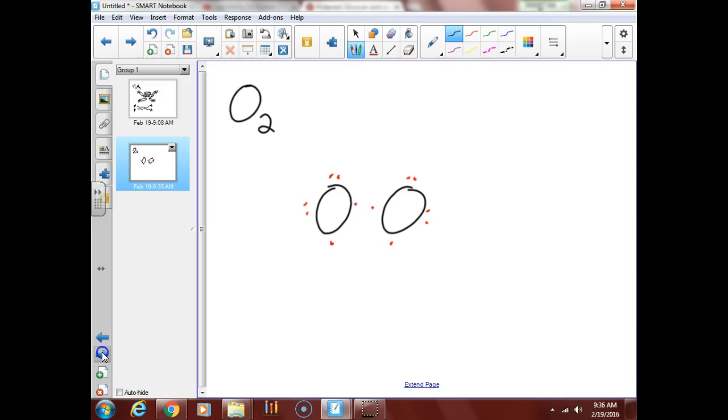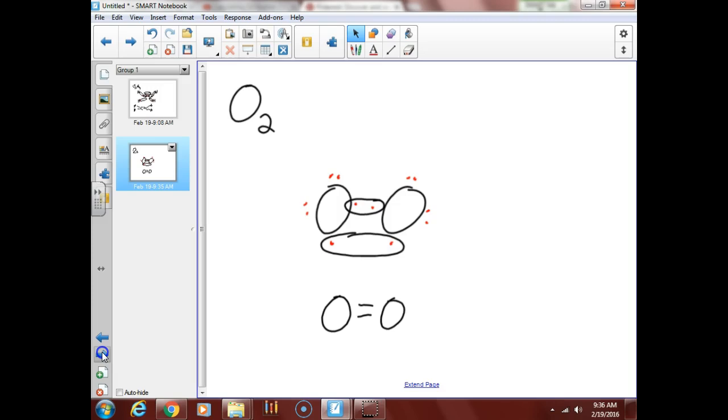So each oxygen has 6, so each oxygen needs 2 more to get 8. So by sharing these 2 and these 2, you end up with a structure that looks like this. And I'll go ahead and put my lone pairs on these just to keep it clear.